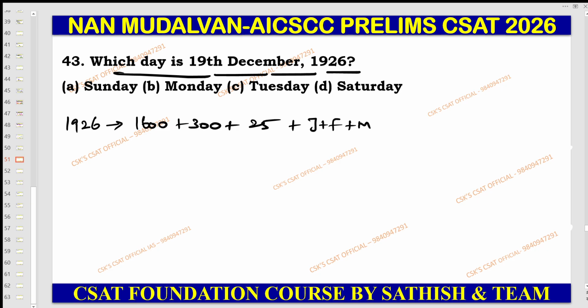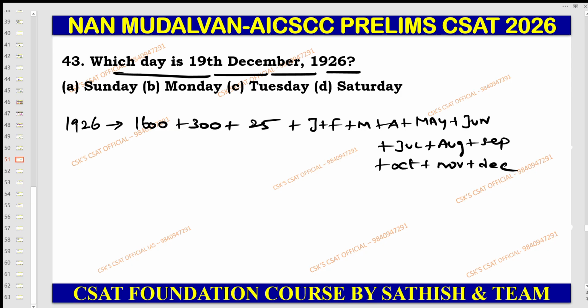January, February, March, April, May, June, July, August, September, October, November, December. This is the non-leap year. Focus with February. In the 25 years, how many leap years are there? 4 into 6 is equal to 24. 6 such leap years are there.